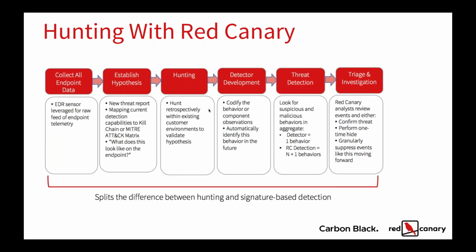So the analysts begin to codify that, build it out, put it in production, and begin to look for suspicious behaviors happening. And then part of the maturity here is suppression-based analysis, taking a lot of noise and suppressing it so that your detector becomes higher fidelity as you begin to generate these alerts and they show up to analysts in their review and triage.